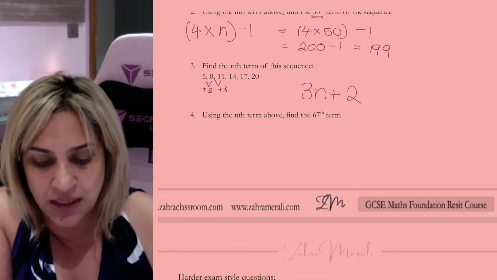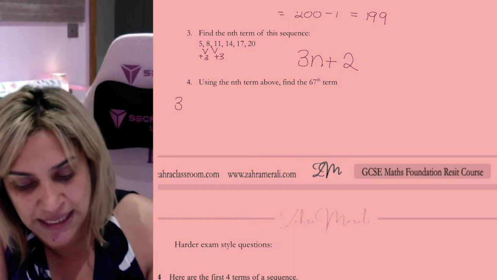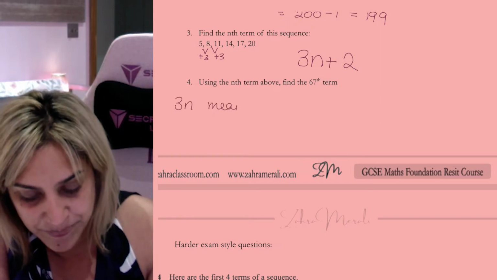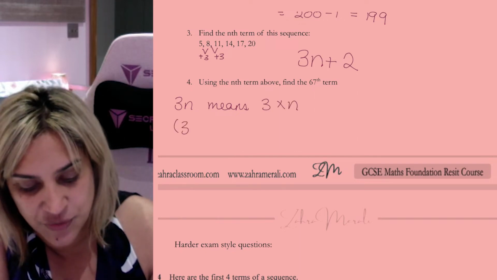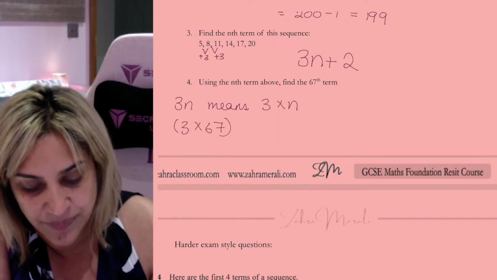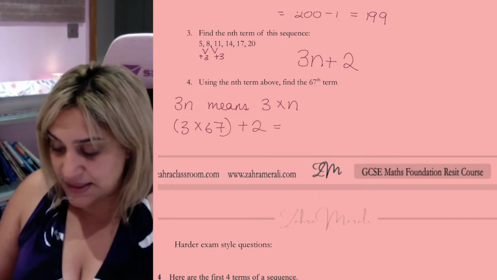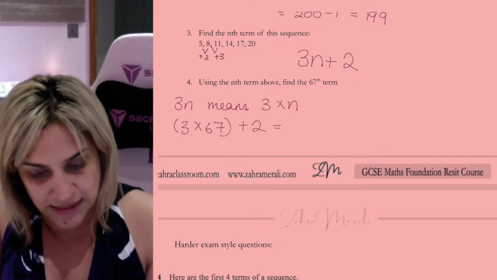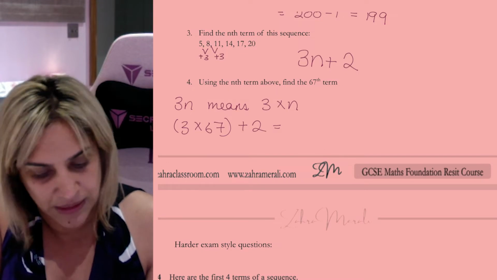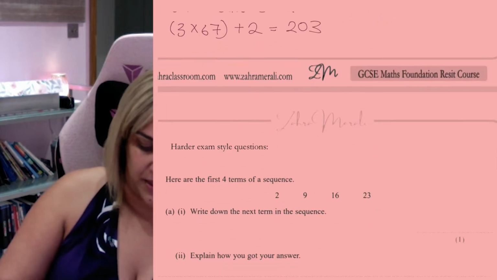So if we needed to find the 67th term, 3n means 3 times n, which is simply 3 times 67 plus 2. If we do 3 times 67, we can plug that into a calculator, add 2, we get 203.